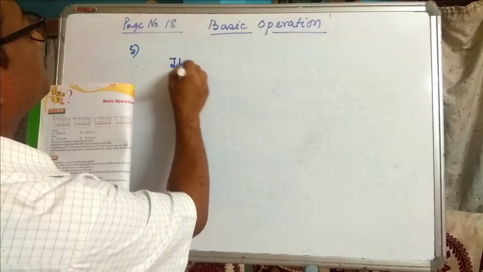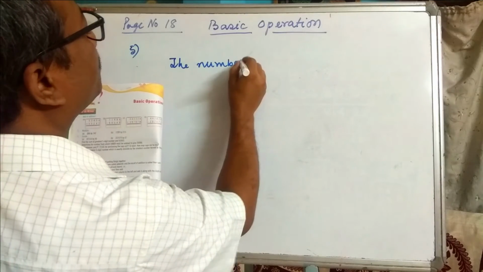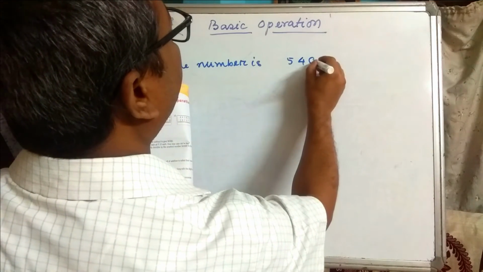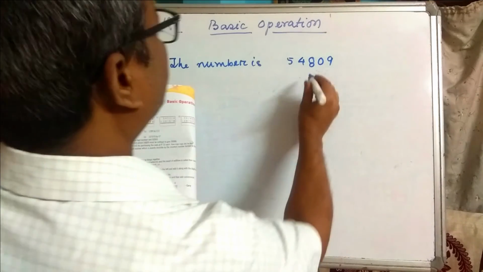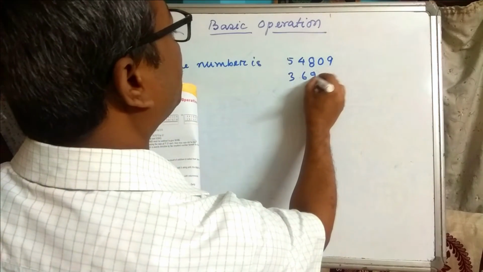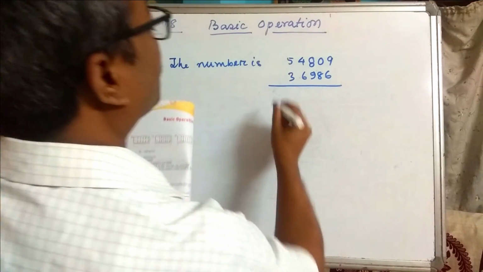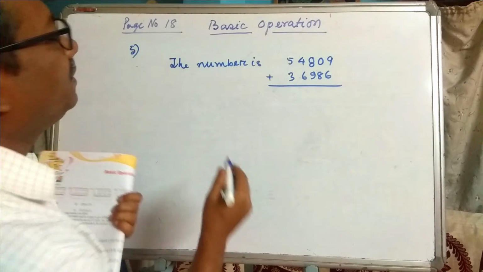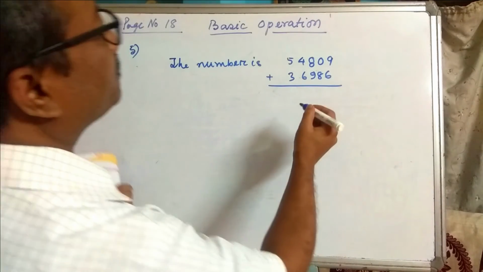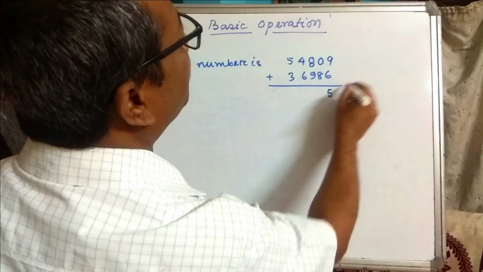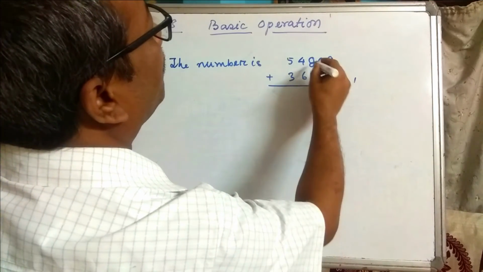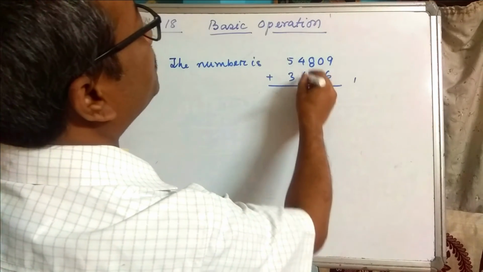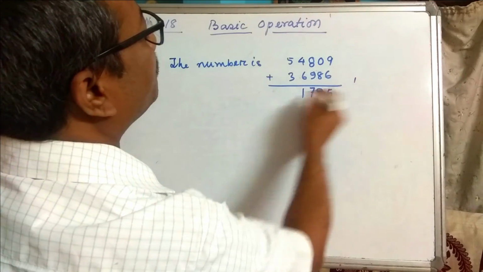The number is 54809 and 36986. If you add these two numbers, then you will get the required number to be found out. 9 and 6, 15, 5, 1 left. 8 and 1 is 9, 8 and 9 is 17, 1 left. 4 and 6 is 10, 1, 11, 1 left. 5 and 3 is 8, and 1 is 9.